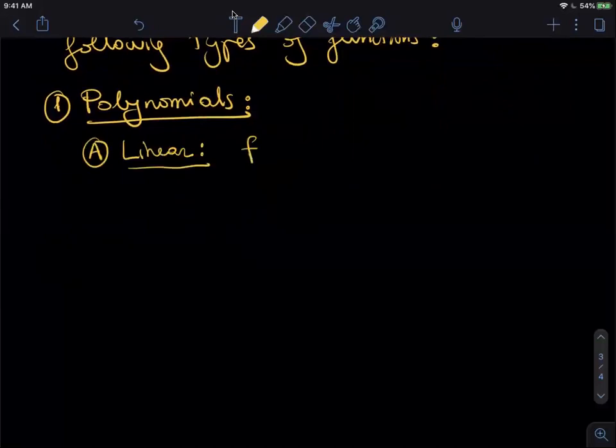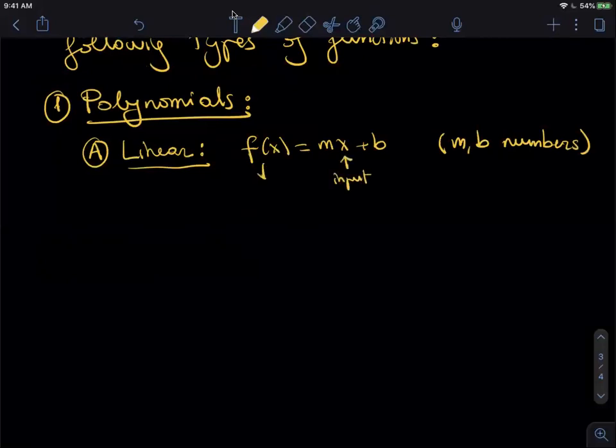So it's f of x equals mx plus b. They are all of this type. m and b are two numbers. So m and b are given, and x is my input, and f of x is my output.